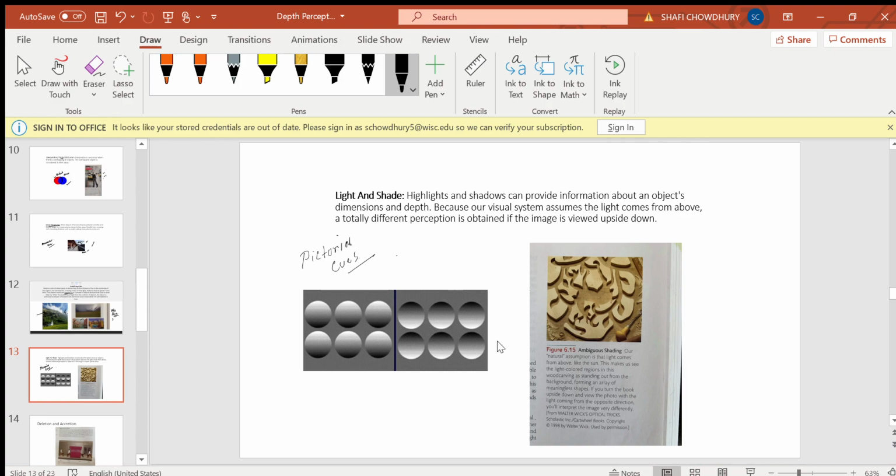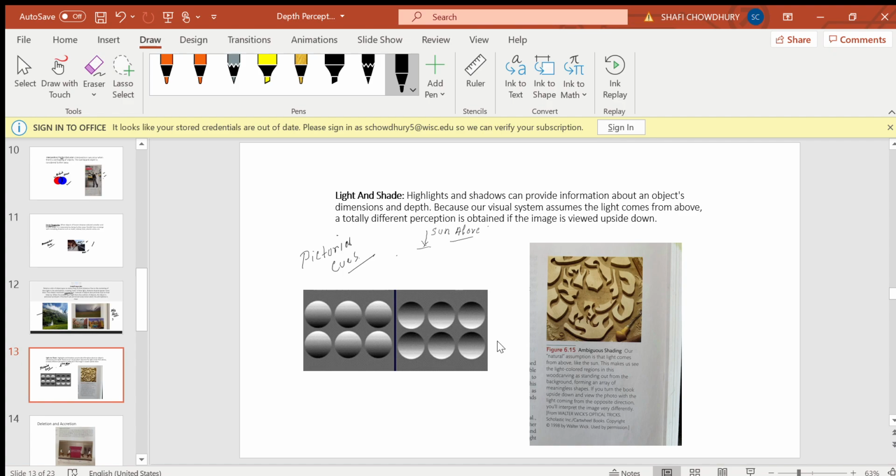And light and shade, these are used a lot in paintings. We know that we are getting the light from the sun above, from above the earth. So we are used to that, right? This light comes from above.